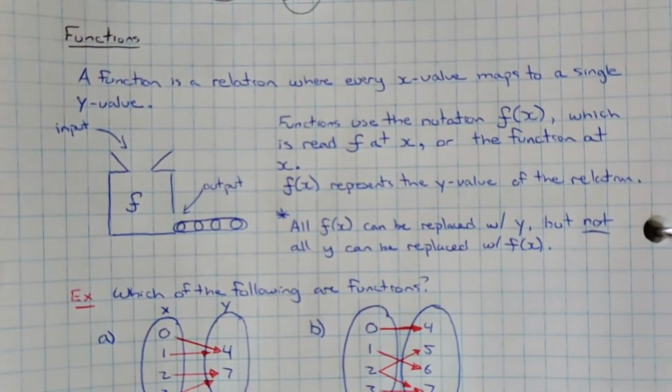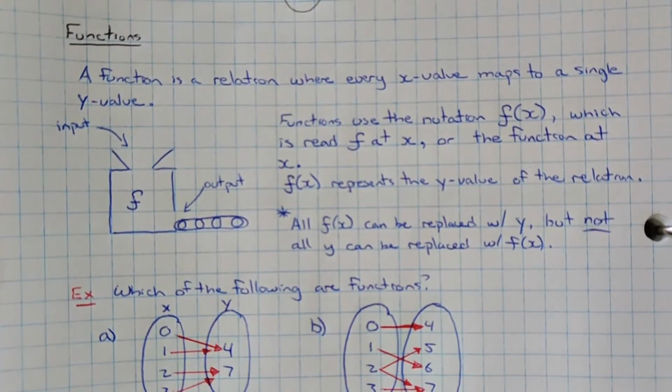So what's a function? A function is just a relation where every x value maps to a single y value. If you have any given x value, it's going to provide you with a single matching y value. What's that look like? Sometimes we use this function machine to show that.